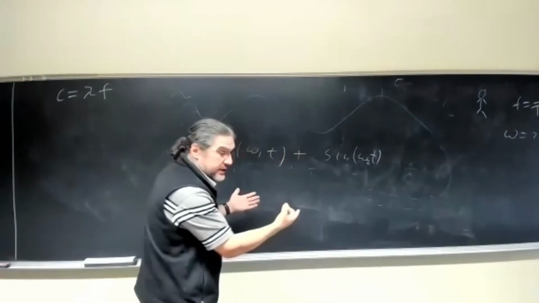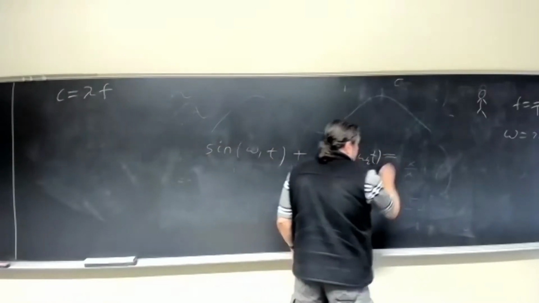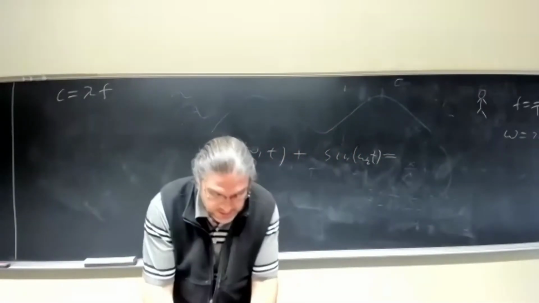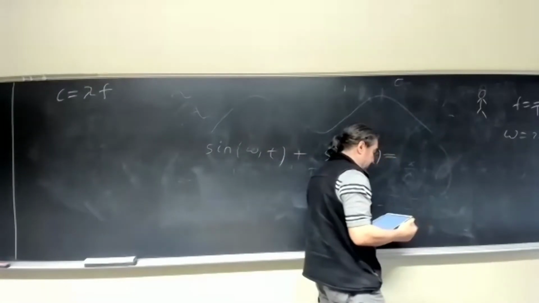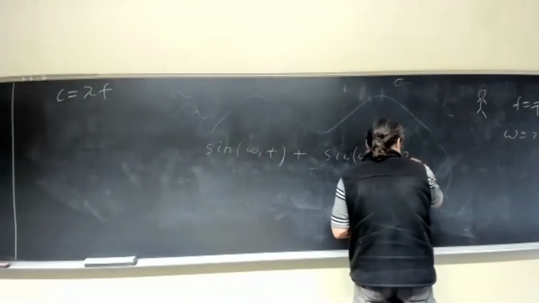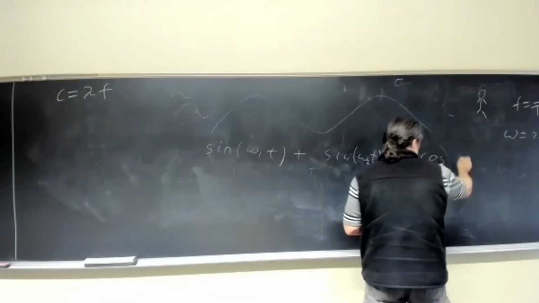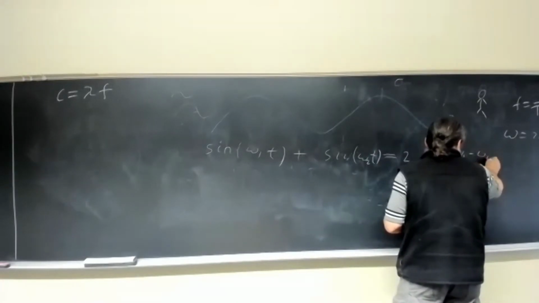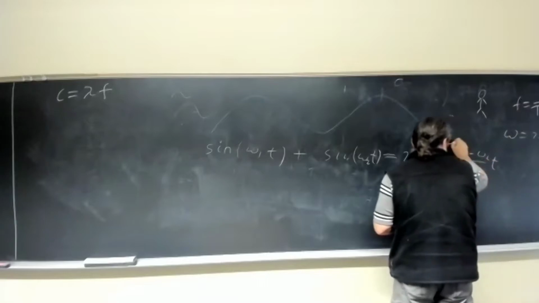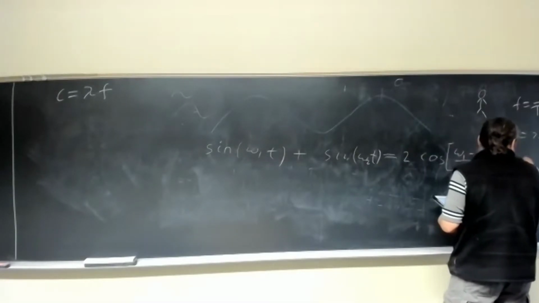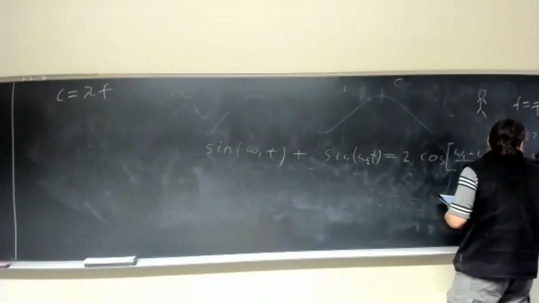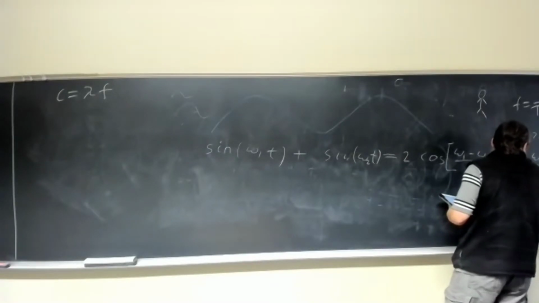So that's what I hear, but there is a trigonometric formula which tells me that those functions can be identically written in a different way. It can be 2 times cosine of (omega 1 minus omega 2) divided by 2 times time, and times sine of (omega 1 plus omega 2) divided by 2 times time.